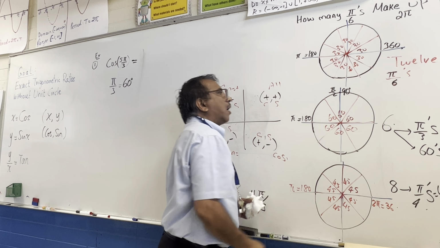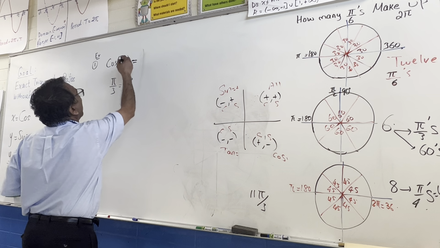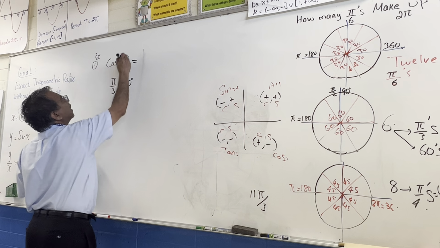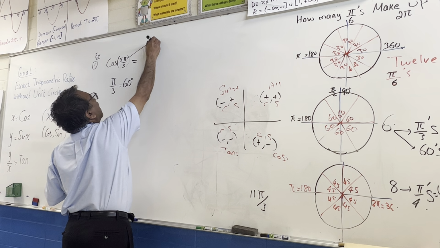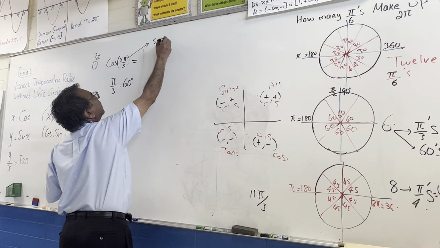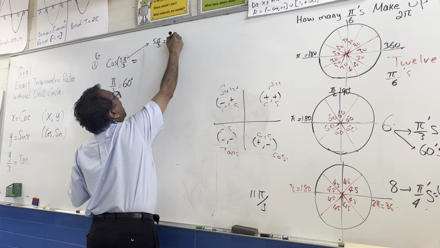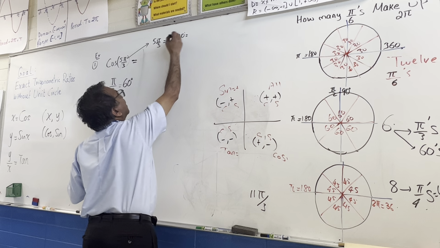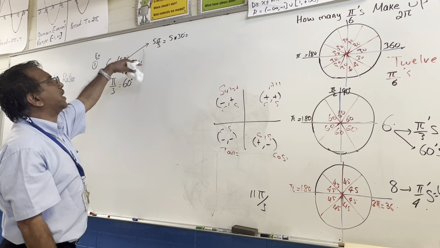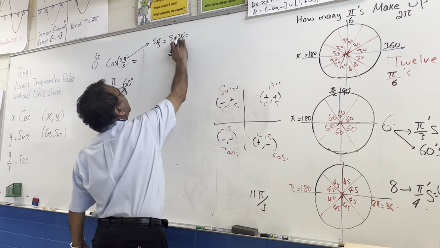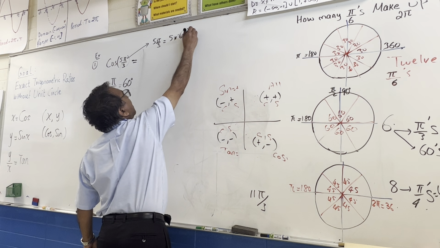So that's how you decide, and I'm going to put an arrow to show that this angle is 5 pi by 3. You can think of it as 5 times 30, and this is the easy way, since you may get confused with the radian thing: you can just multiply 5 by 30 and you get 300.